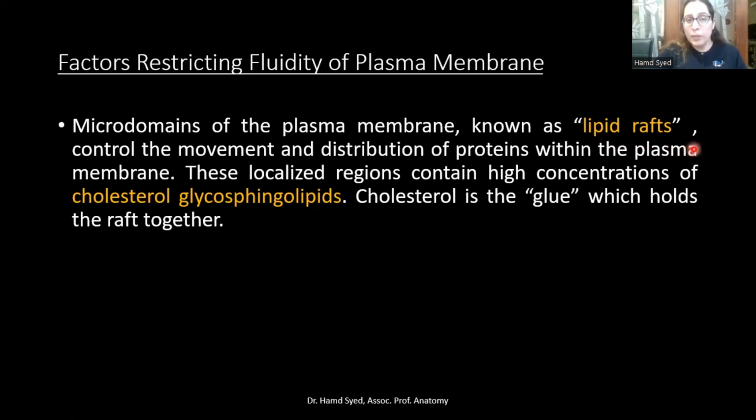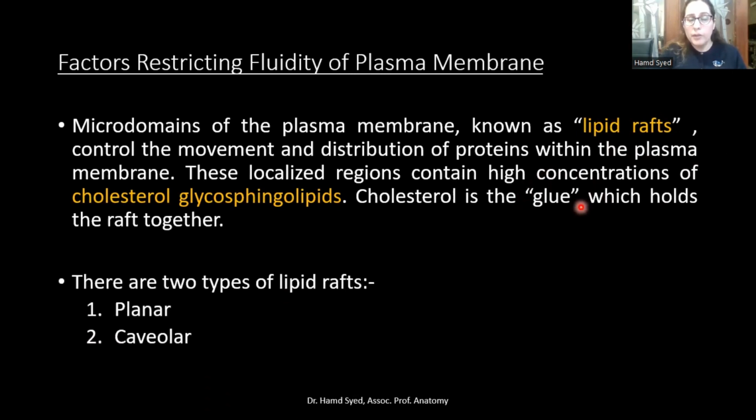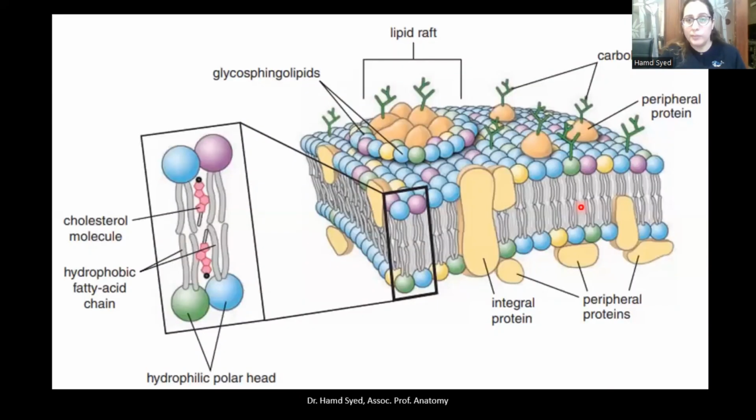These are microdomains of plasma membrane that control the movement and distribution of proteins within plasma membrane. The lipid rafts have a high concentration of the cholesterol glycosphingolipids. So remember, cholesterol is the glue which holds these rafts together. And there are two types of lipid rafts. They can be planar or they can be caveolar.